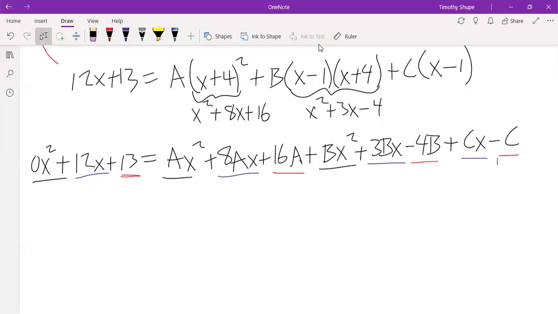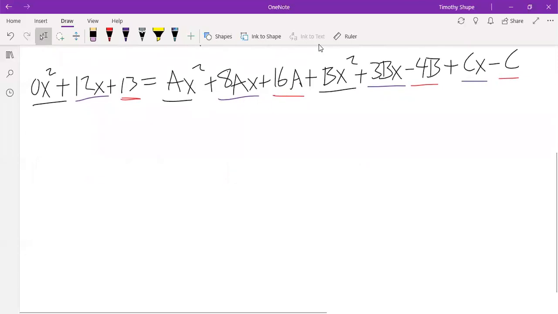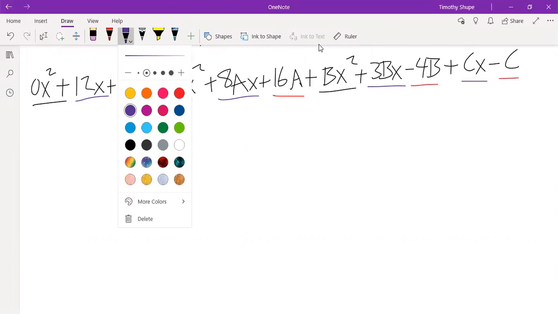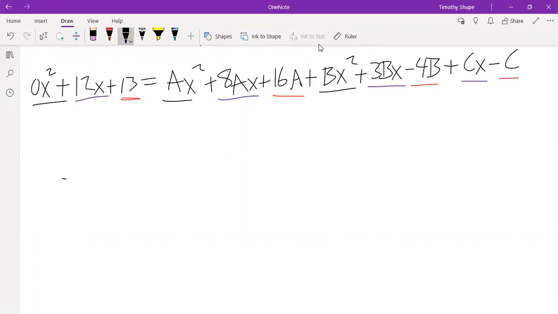So I'm going to write a system of equations that will help me to pull all of these together. For the x squared terms, I had a coefficient of A that needed to add to a coefficient of B, and that needs to equal the coefficient of 0 for the x squareds.